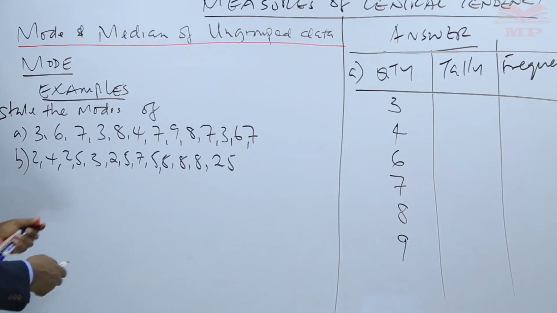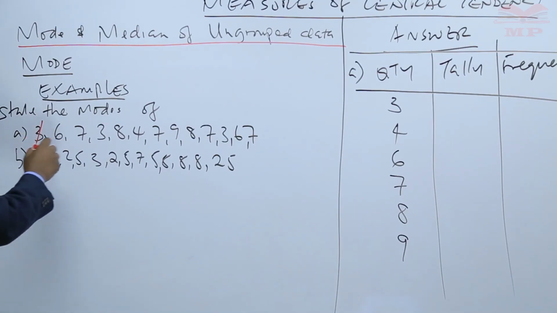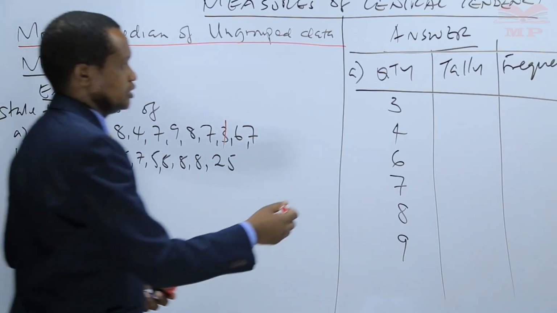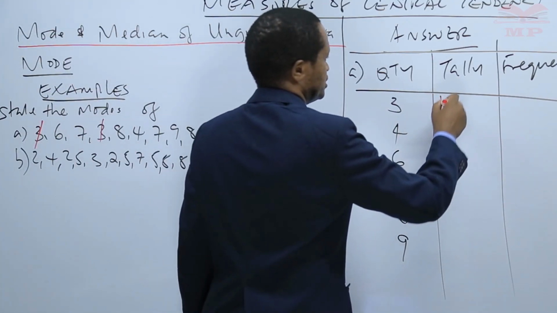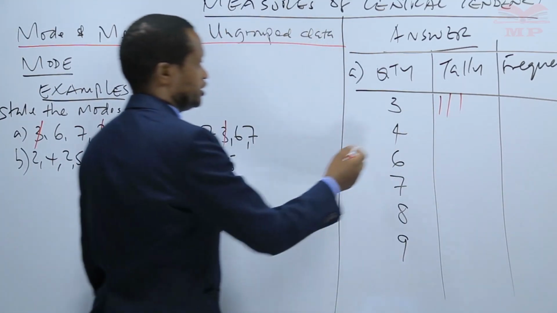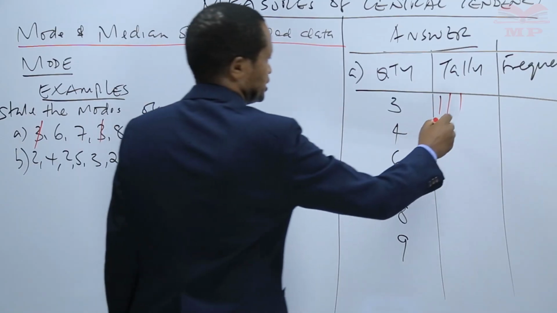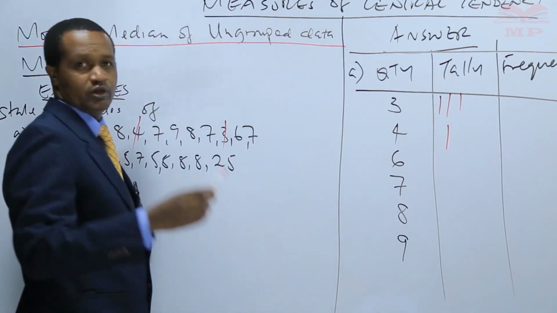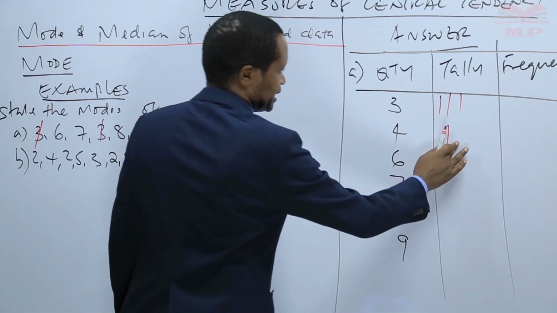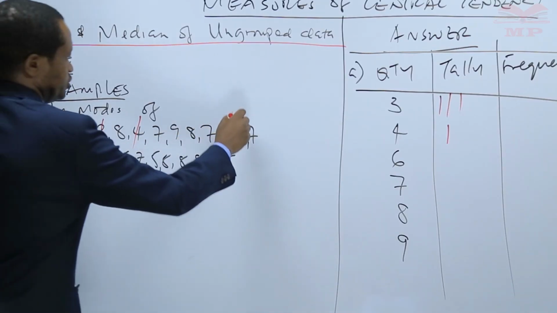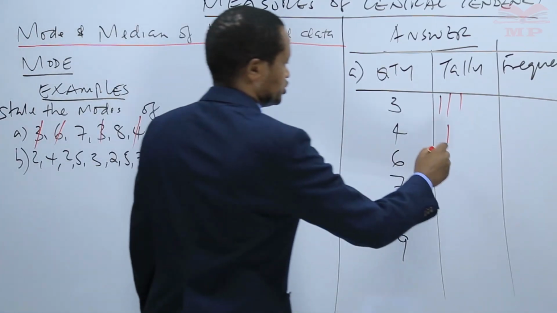So 3 appears how many times? 1, 2, 3. So we have the tallies 1, 2, 3. 4 appears how many times? We have 4 here once. One stroke represents one tally. 6, we have 2 strokes.